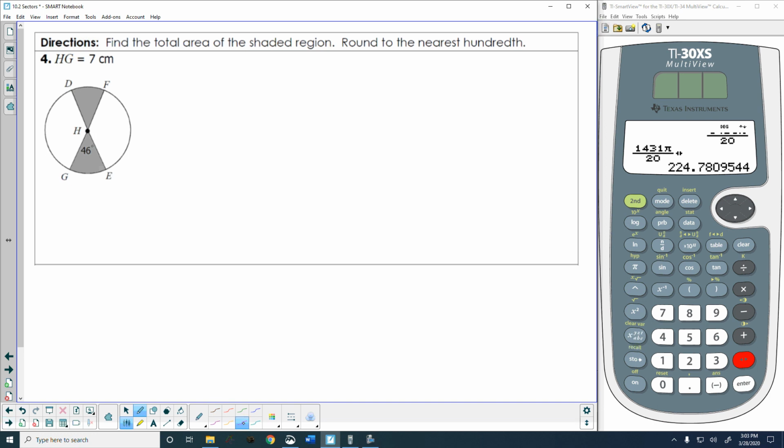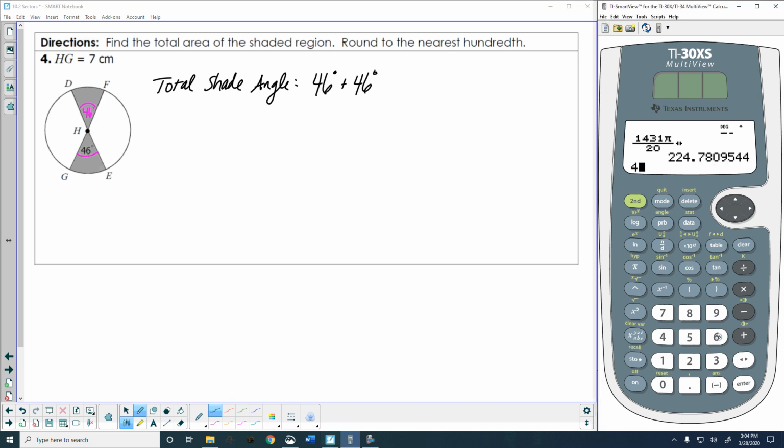So we have a 46-degree angle here, but then this is a vertical angle to that, so it is also going to be 46 degrees. So the total shaded central angle is going to be 46 plus another 46. That's a total of 92 degrees.